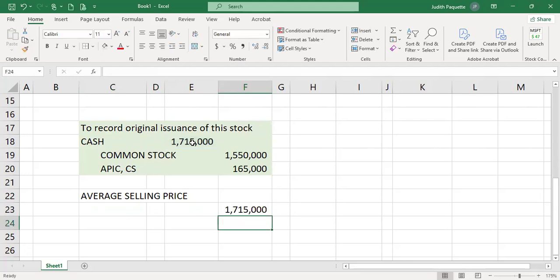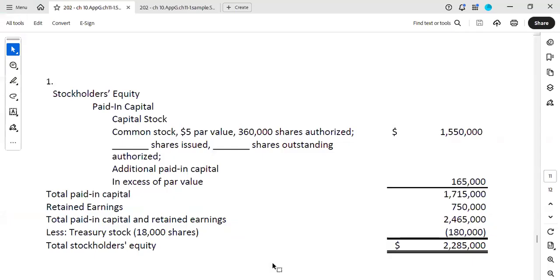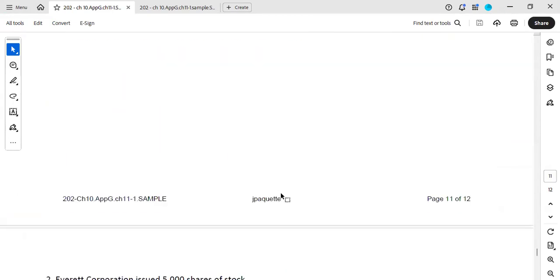It's going to be obviously more than $5 because we know we got more money for it, and par is 5, so $5.53. So that's a good problem to really test your knowledge of the journal entries and how they all relate together.